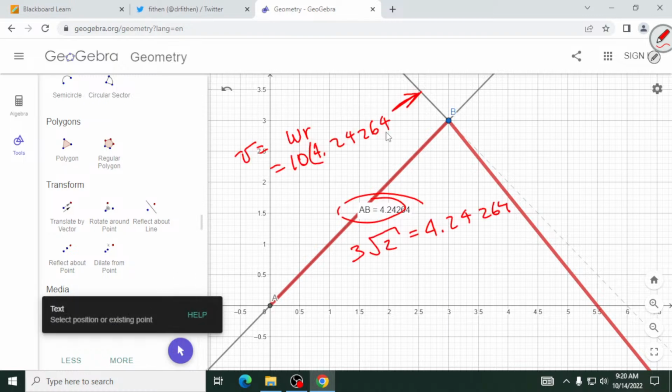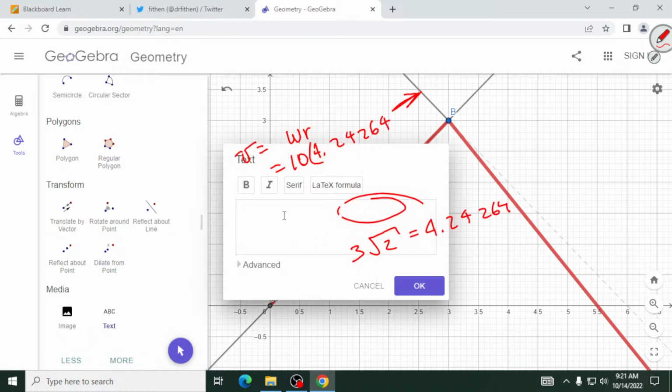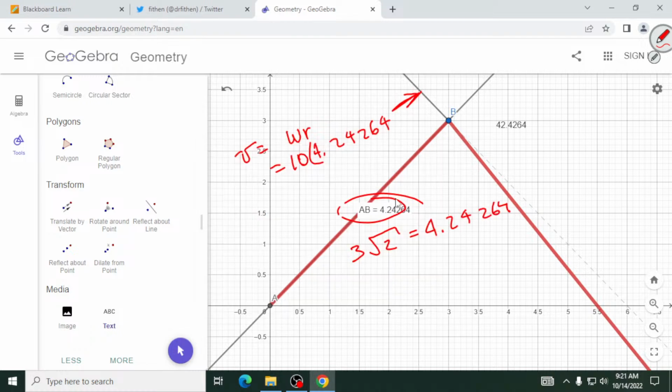Now, somewhere on this thing, I remember vaguely seeing something where you could add text. Okay, so I'm going to put this up here somehow. Maybe I can move it. 42.4264. Okay, so what I'm going to do, take this and erase all this mess, and I'm going to put that in up here.